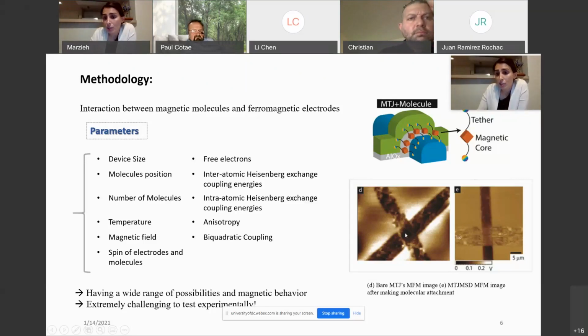But after it is treated by the molecule, we have a very obvious difference in the magnetic device behavior. These images are taken by magnetic force microscopy, and we can see that when the molecules are attached, we have a different behavior in the magnetic properties of the device.